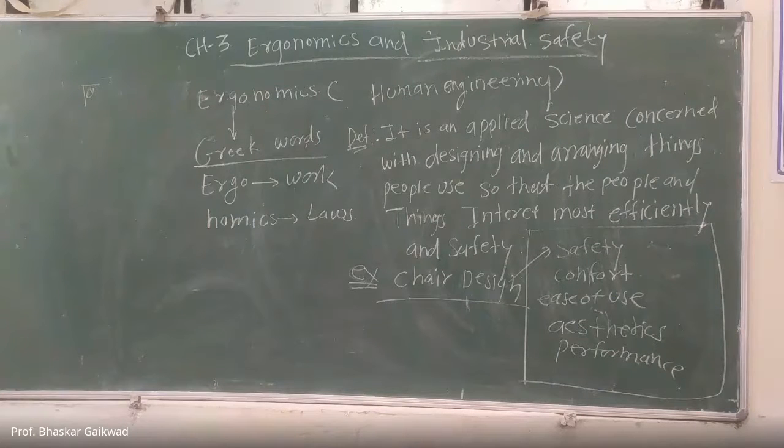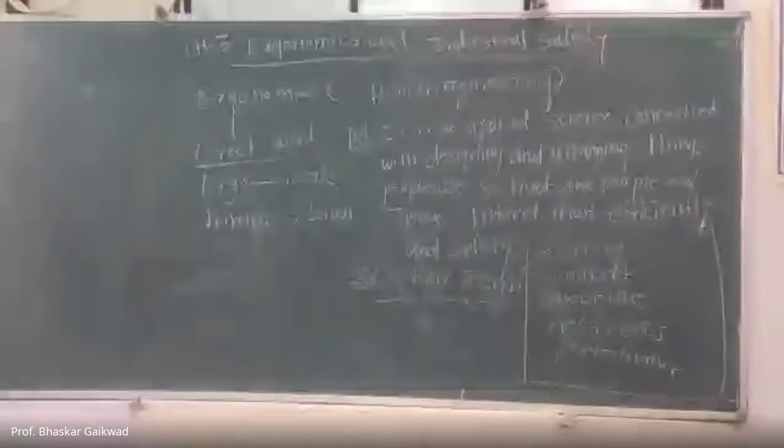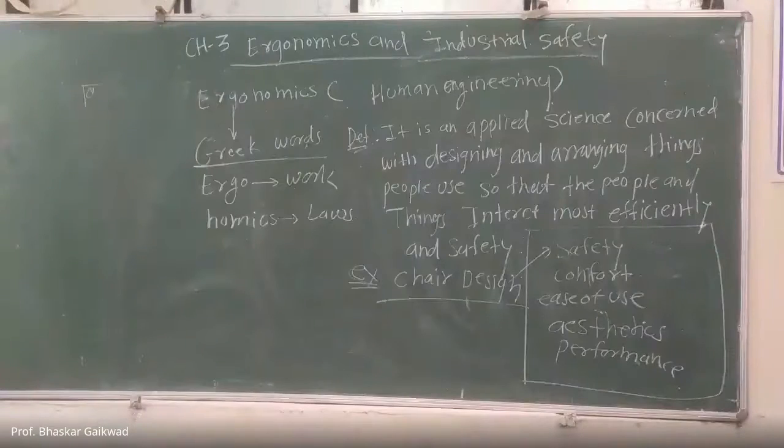Then performance means here your average. Then durability and reliability. This part you have to consider under the performance. So while designing anything, these 5 points you need to consider: safety, comfort, ease of use, aesthetic, and performance.